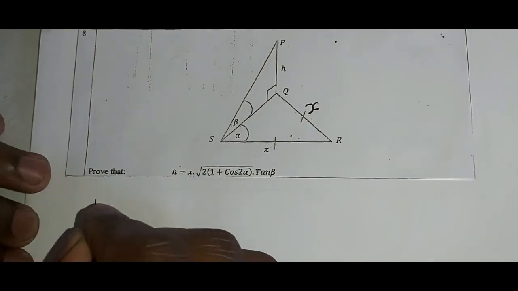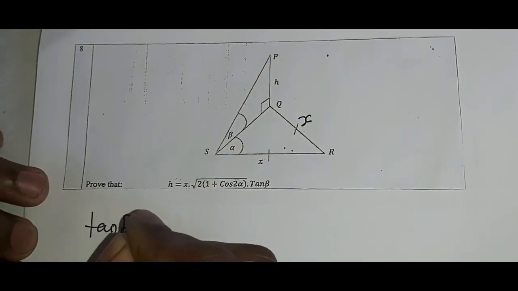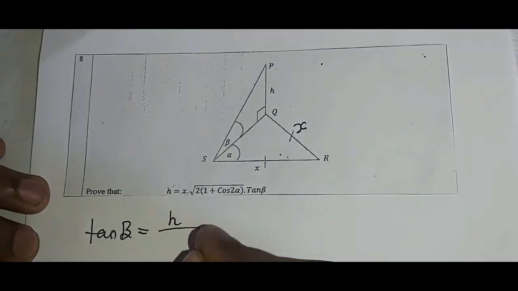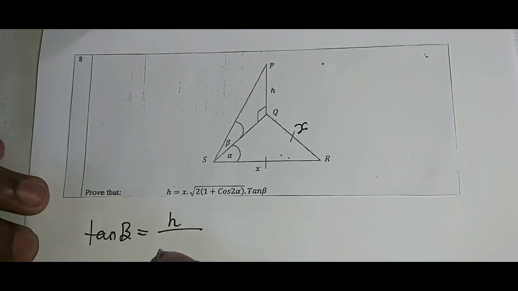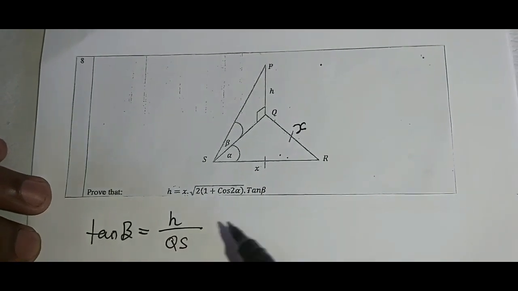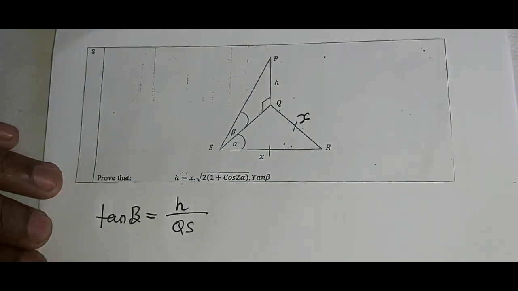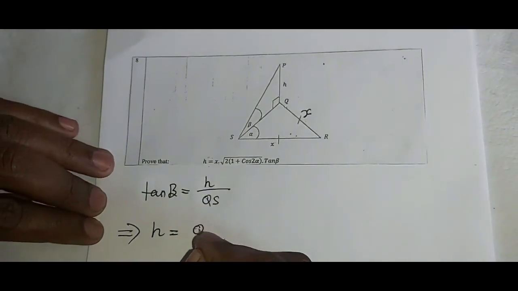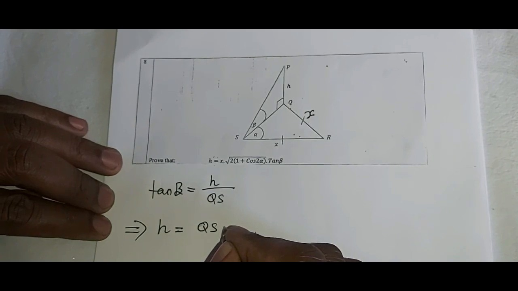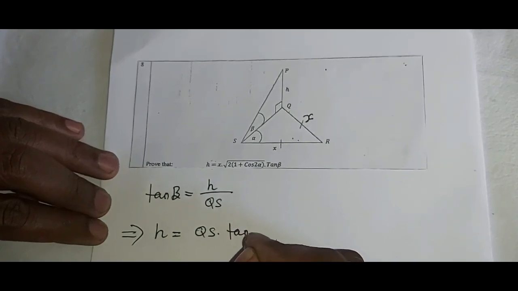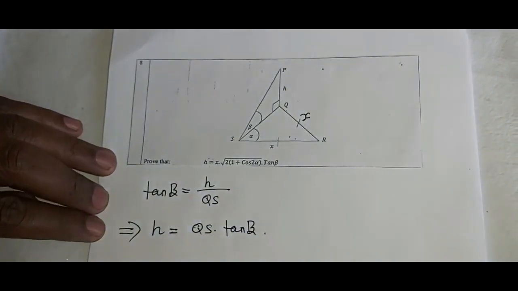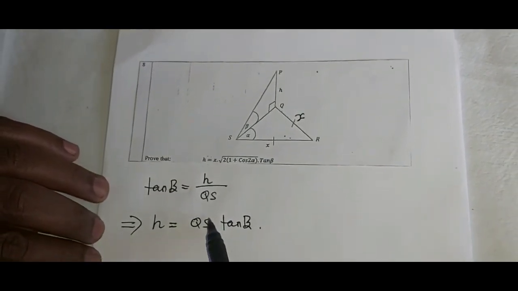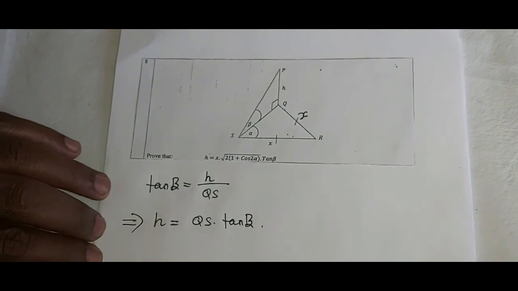That is, tan beta is equal to opposite, that is H, over adjacent QS. Since we are looking for H, it therefore means that H is equal to QS multiplied by tan of beta. Therefore, we now have to look for QS.